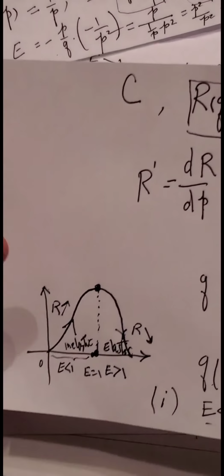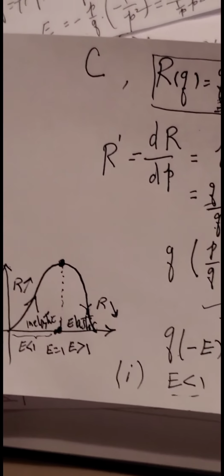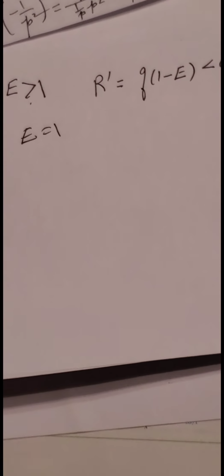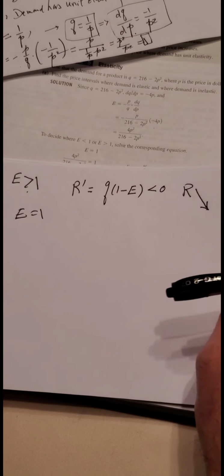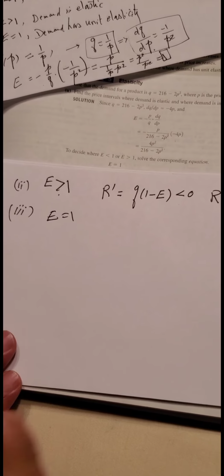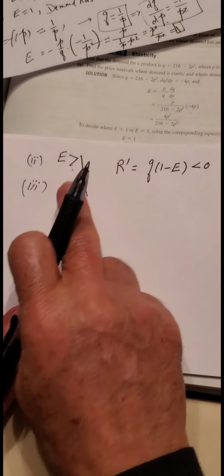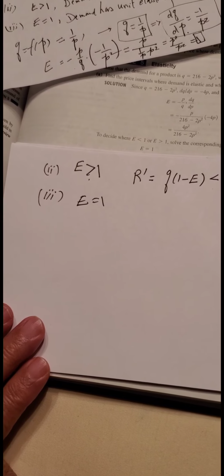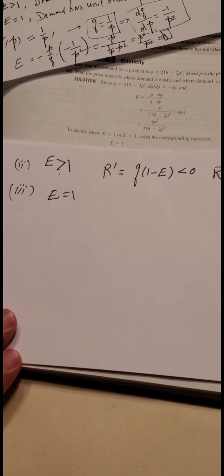So we have two different types of increasing and decreasing of the same problem, and it depends on what they ask you. If they ask you where this function is elastic, you have to go by the second one. If they say where this function is inelastic, you have to go by the first one.